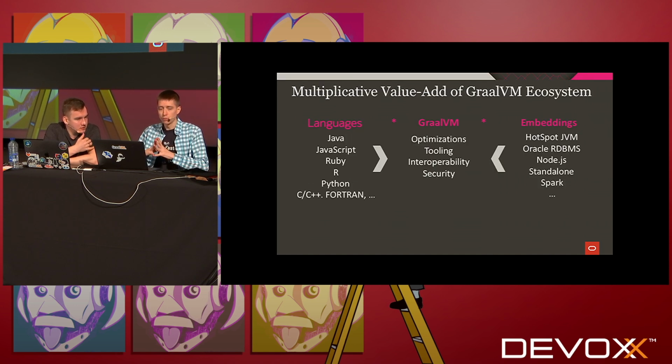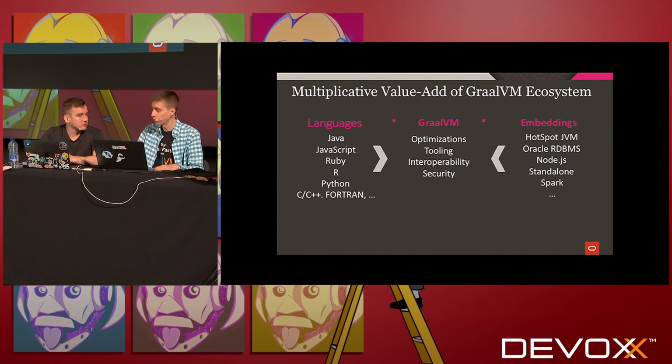Generally, we see GraalVM as a multiplicative ecosystem with several languages, as Oleg demonstrated very nicely in the demo, having the same tooling for those languages, being able to leverage the same compiler optimizations and the same runtime optimizations, and then use this not just embedded in the HotSpot JVM, but embedded in other artifacts like node.js, standalone AOT, or Oracle database.